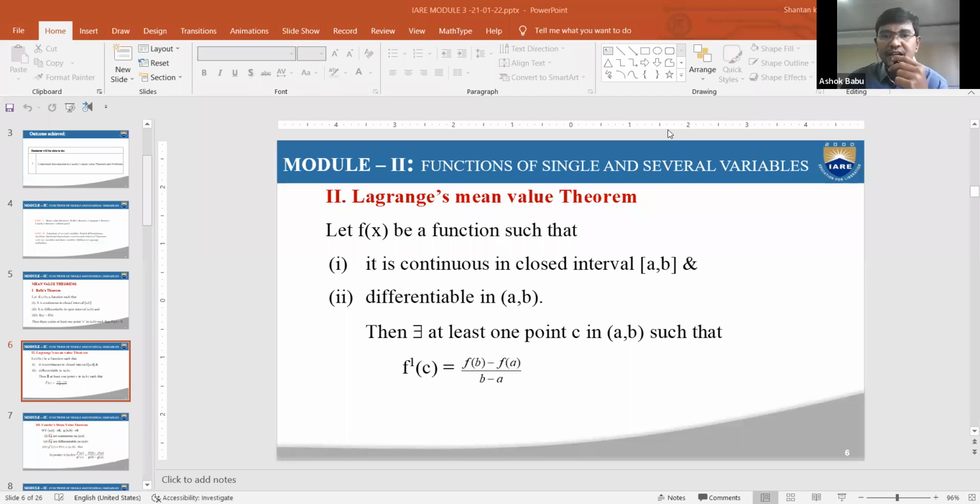Then there exists at least one point c belongs to a comma b such that f dash of c is equal to f of b minus f of a by b minus a. That means if the two conditions are satisfied, then Lagrange's mean value theorem is applicable. Okay, I think all are clear.